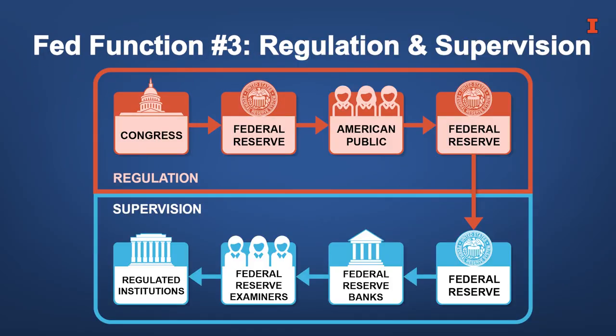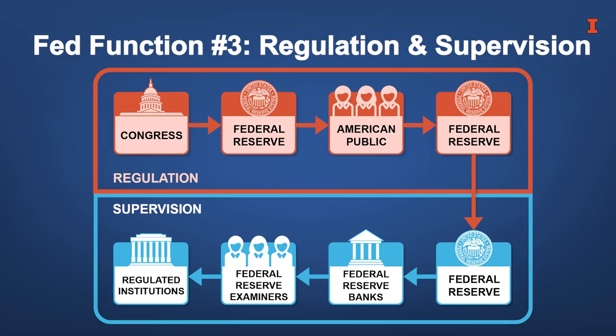Supervision, on the other hand, relates to the compliance with the regulation. For this purpose, the Federal Reserve employs and trains bank examiners. Examiners conduct visits to regulated financial institutions to ensure compliance with the rules. This involves in-depth inspections of the bank's operations.